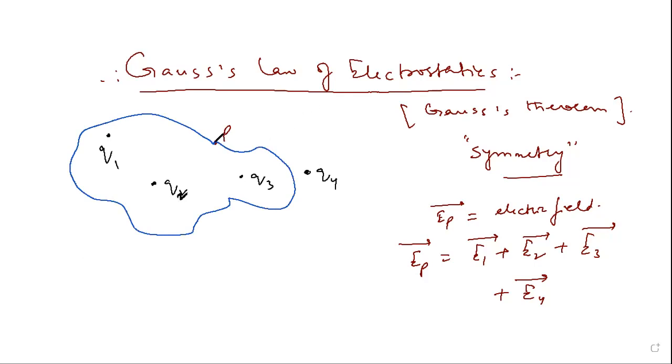So this was my point P. Now this is my closed surface. This closed surface we call the Gaussian surface, right?